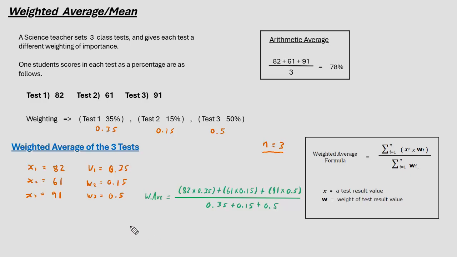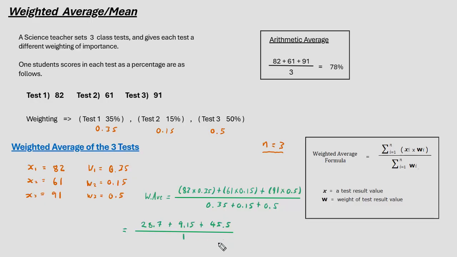And these sums give us 28.7 plus 9.15 plus 45.5. And the weightings added up below sum to 1.